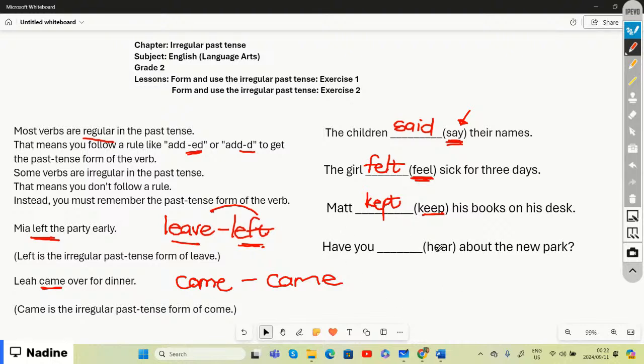And then if you look at this word hear, what is the past tense of the word hear? It says, have you heard about the new park?